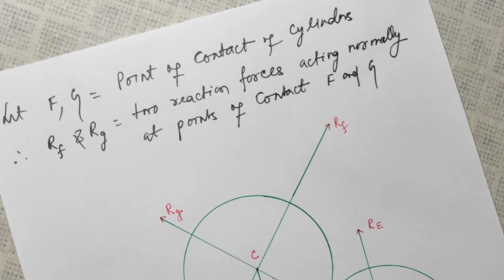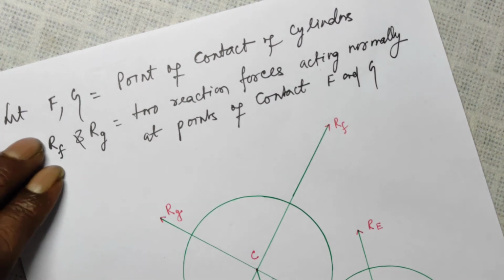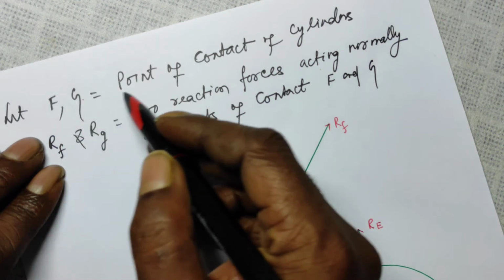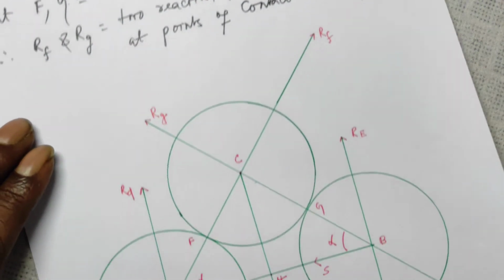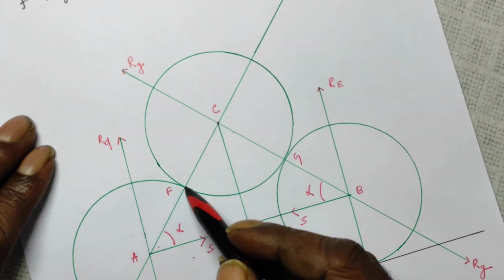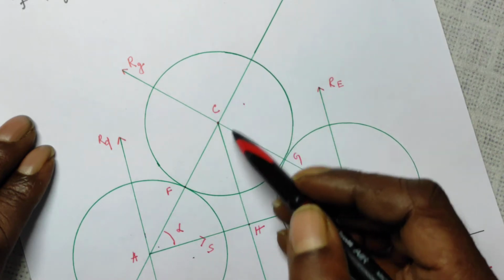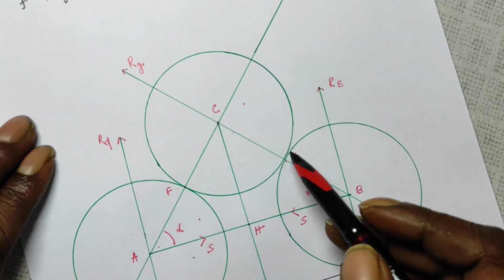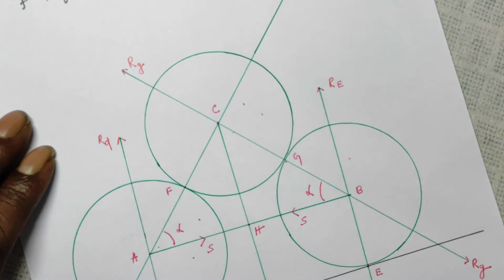Now if you look at it, let F and G be the points of contact of these cylinders. F is the point of contact between this cylinder and this cylinder. G is the point of contact between this cylinder and this cylinder.